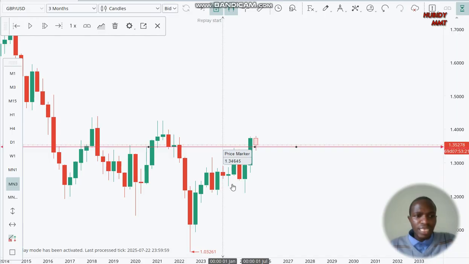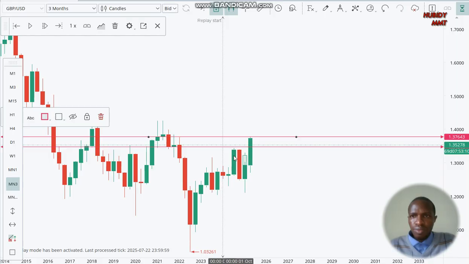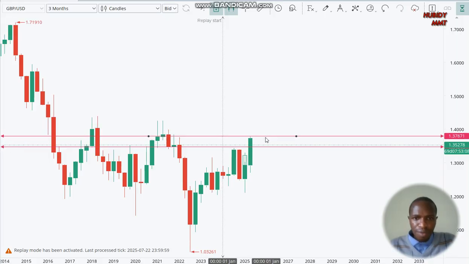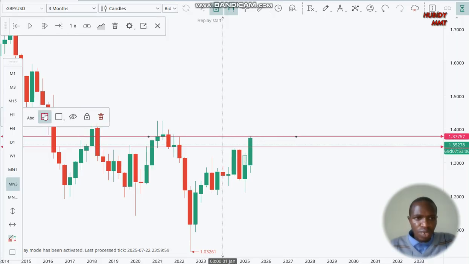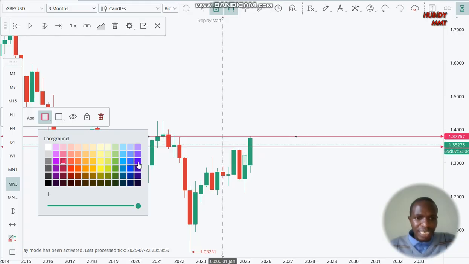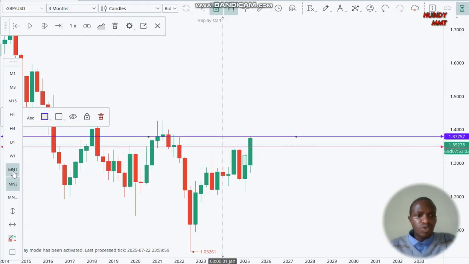So we mark the 3 months candle that gave us the expansion, and then we switch to our entry.